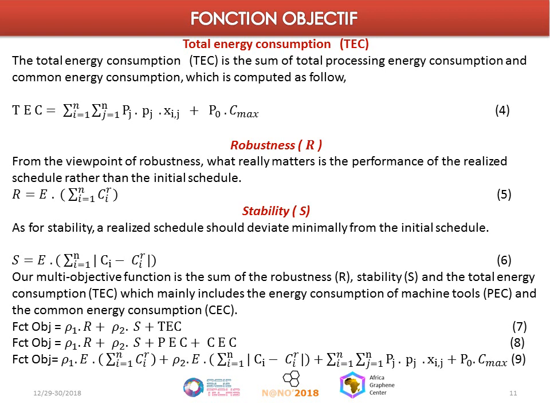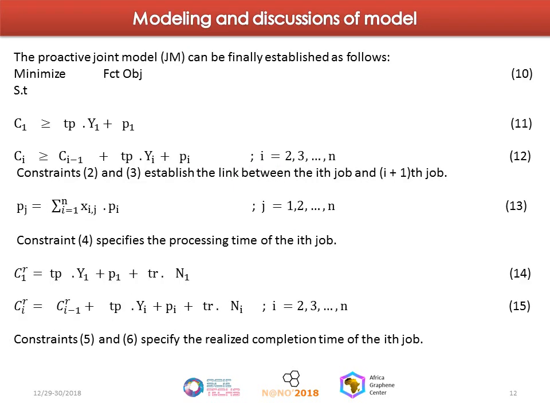Thus, the expected sum of absolute deviation of the completion time of jobs is used as the stability measure. Our multi-objective function is the sum of robustness, stability, and the total energy consumption.